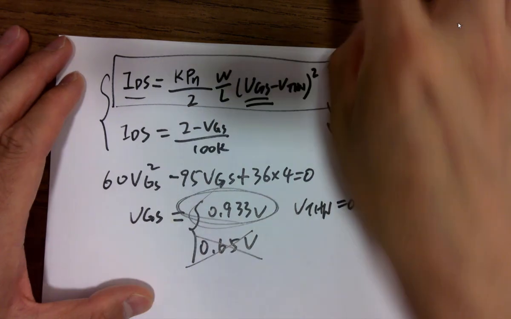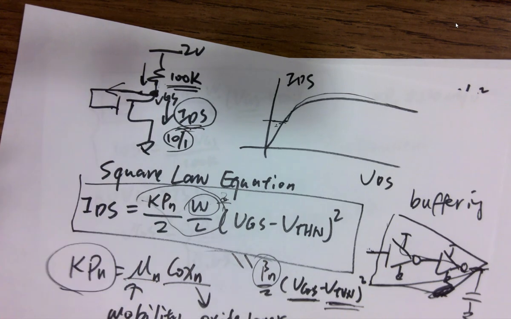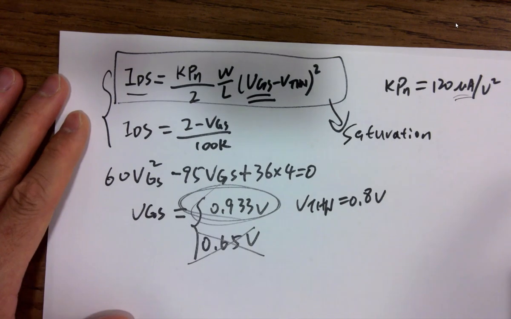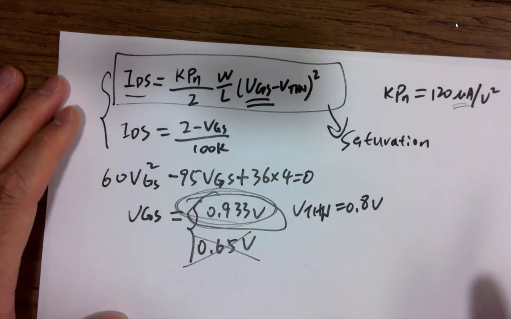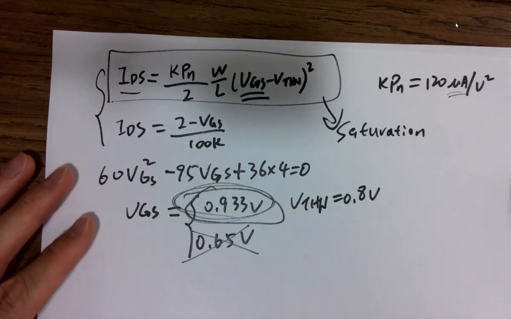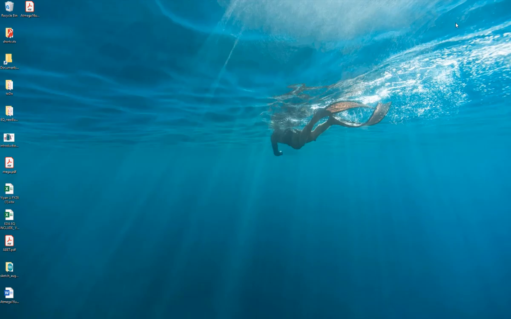We assume this transistor is in saturation, and then we use this equation to find VGS and IDS. Eventually we get one answer that satisfies that assumption. Then we say, hey, it's going to work. So this is the voltage, and this is the current.